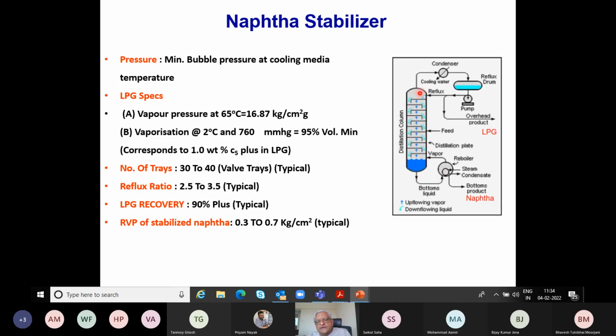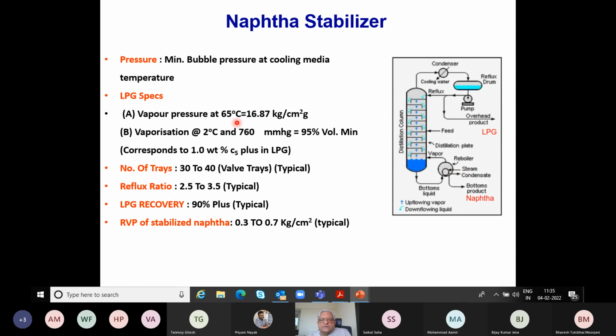Generally, the temperature profile here is something like 75 to 80 degrees at the top, and something like 170 at the bottom. So it's pretty hot at the bottom. So we need a pretty high, generally MP steam, medium pressure steam is used.